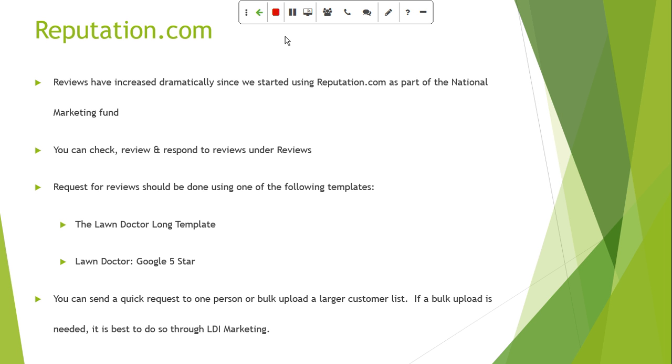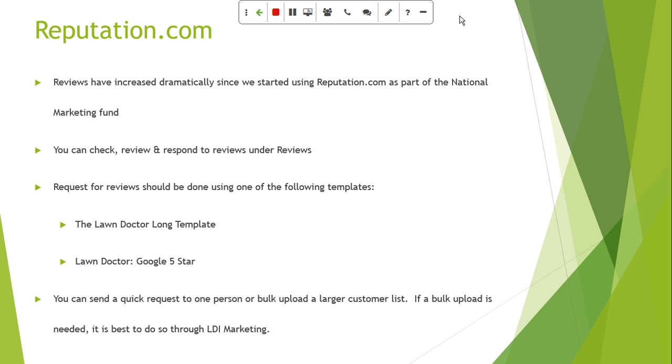There are two basic templates available that you could use: the Lawn Dr. Long template and the Lawn Dr. Google 5-star. When you go into the platform, you can do a request, and it shows you what each template looks like, so you can see it on the screen in a preview before you use it.